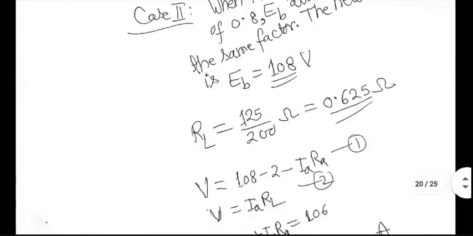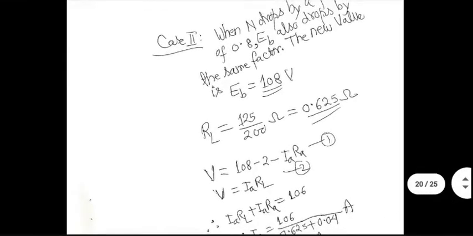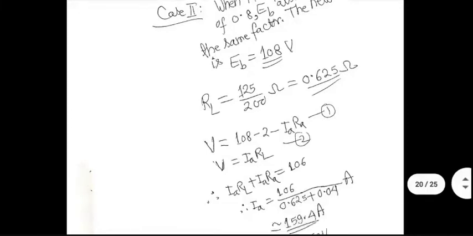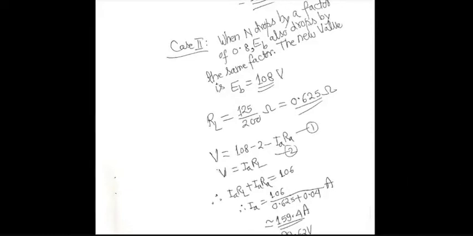Okay. So now V will be 108 minus 2 minus IARA. And V is also IARL, where IA is the new value of armature current. Okay. So what you do is IARL plus IARA.